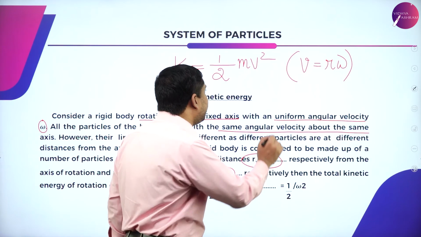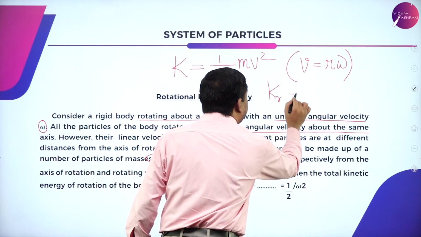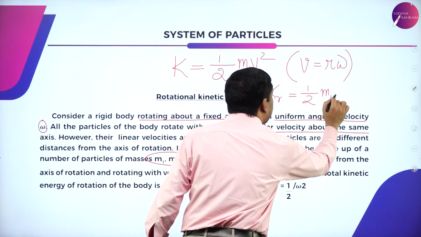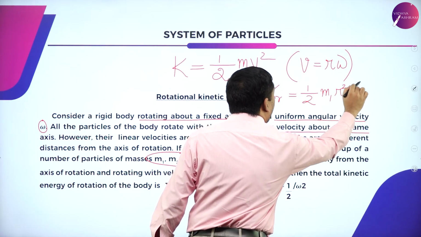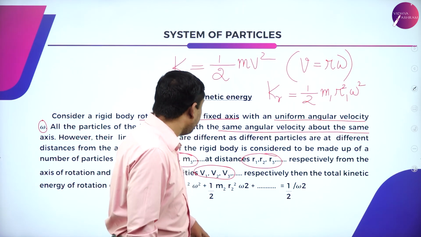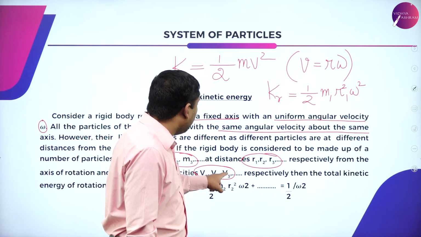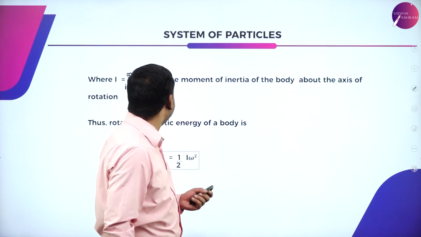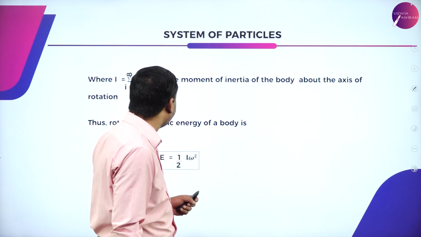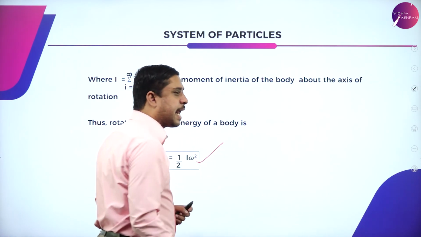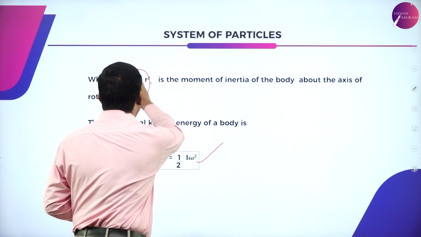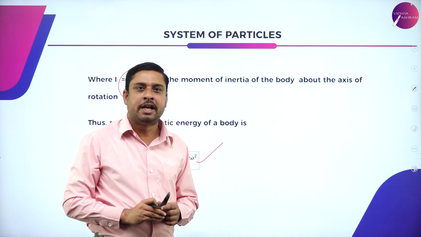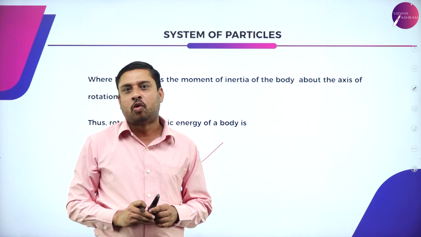So, the kinetic energy of the first particle is half m1 r1 square omega square. Second particle, half m2 r2 square omega square, or summating that we have E equals half I omega square, where I am summating from i equals 0 to infinity. And this is the expression for the kinetic energy of the rotating body.